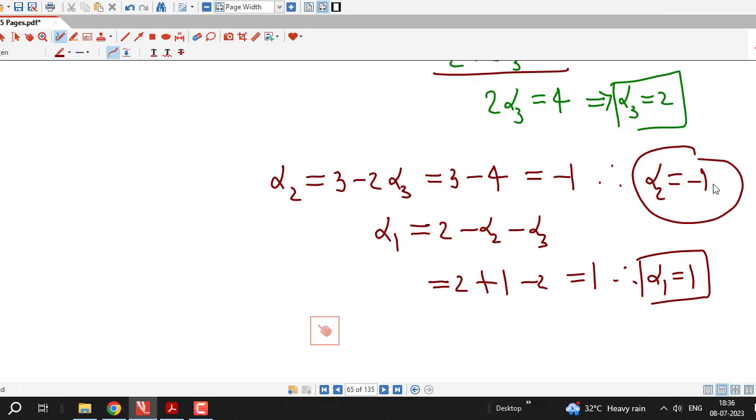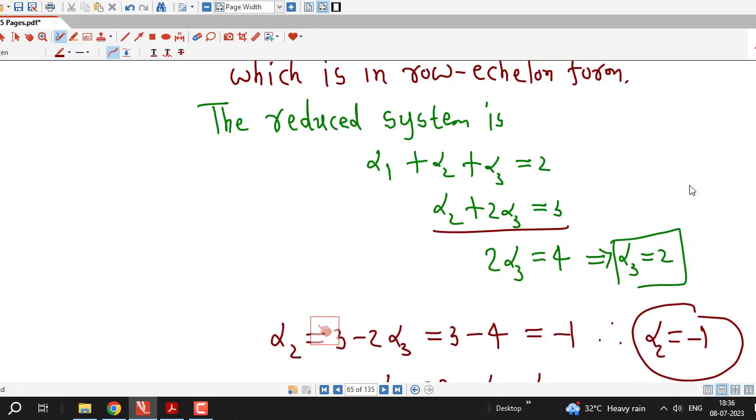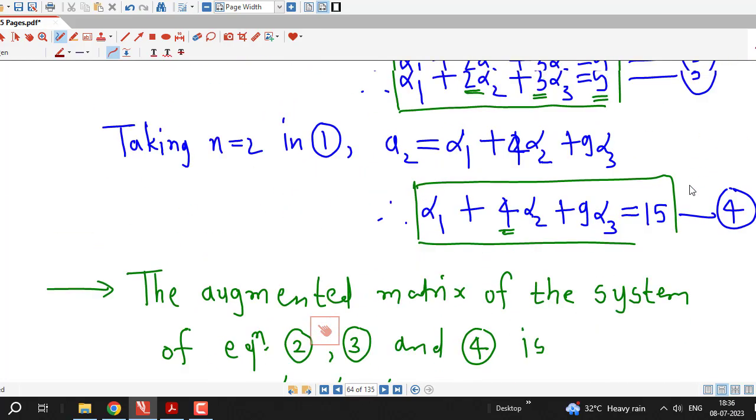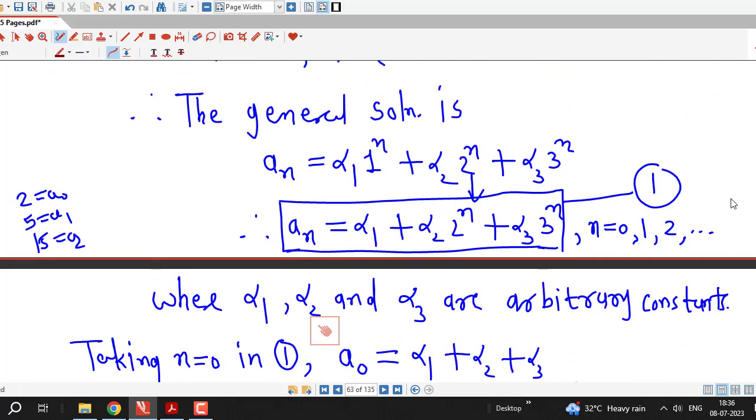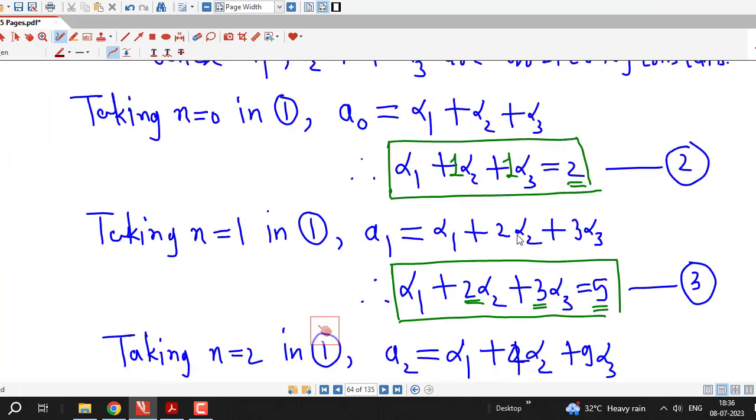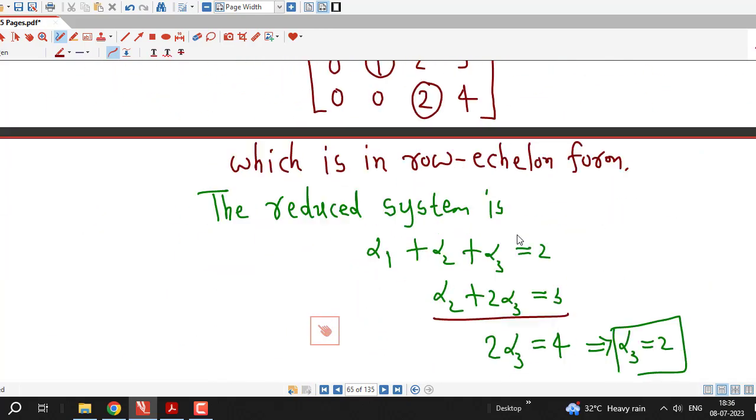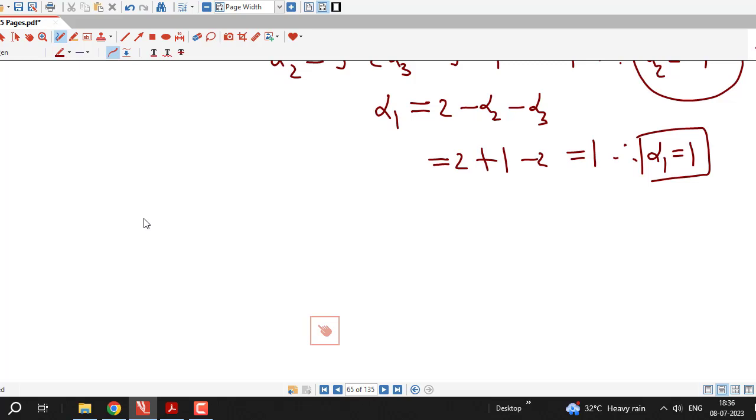So once we obtain these values of alpha 1, alpha 2, alpha 3, we have to substitute them in the general solution to obtain the required solution satisfying the initial conditions. So here I have alpha 1 plus alpha 2 2 raised to n plus alpha 3 3 raised to n. So therefore we write down the final solution.